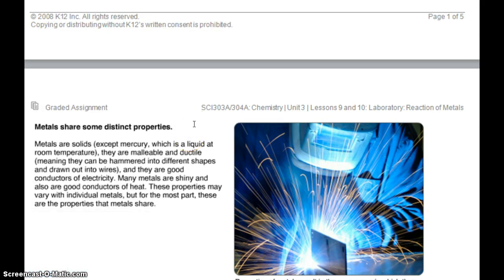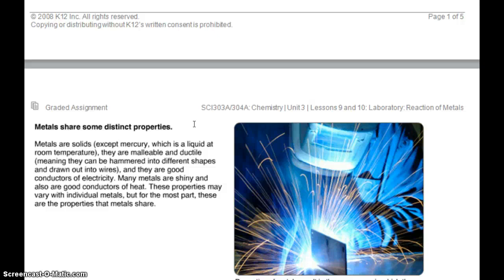Metals share distinct properties. Metals are solids, except mercury, which is liquid at room temperature. They are malleable, meaning you can bend them, and ductile, meaning they can be hammered into different shapes and drawn out into wires. They are good conductors of electricity. Many metals are shiny and also are good conductors of heat.